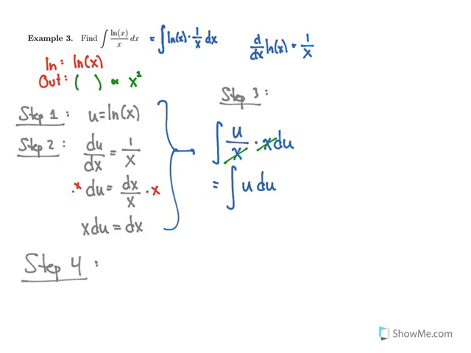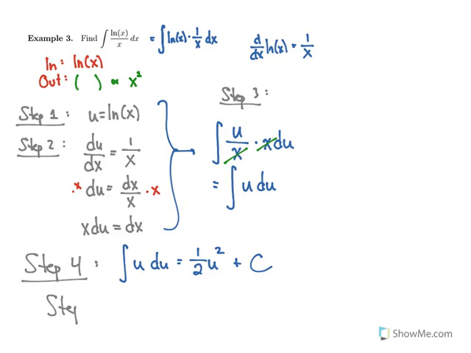So step 4, we have that this integral is going to be equal to 1/2 u squared plus c using the reverse power rule.